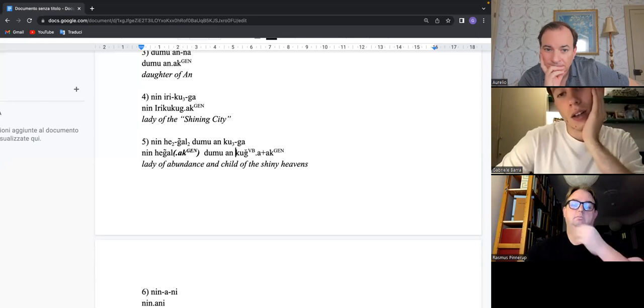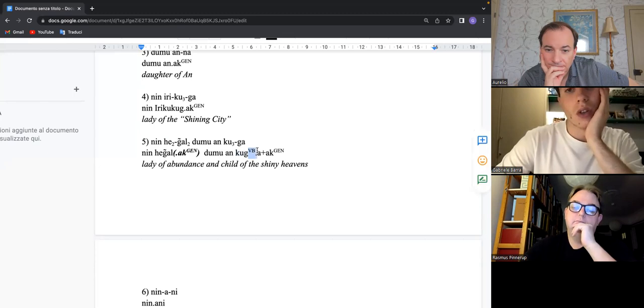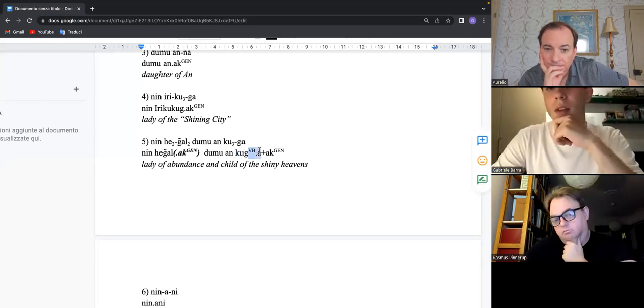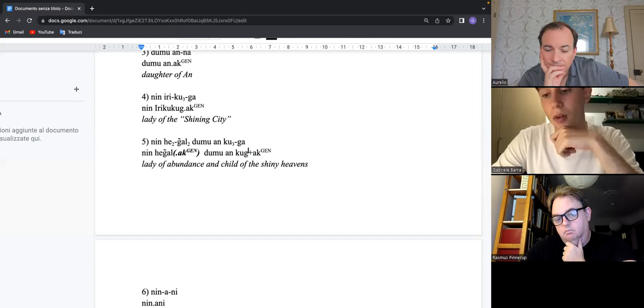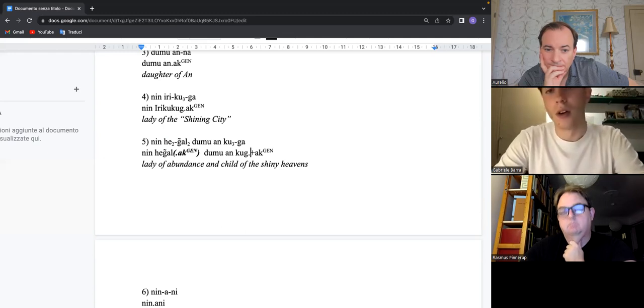So here we have kug, right? And we mark this as a verb, which perhaps for some authors will actually be correct. But since, again, I decided to change my Sumerian doctrine, it might be more correct to express it as an adjective per se, so that it does not need the hamtu suffix, and then just have the genitive ak.